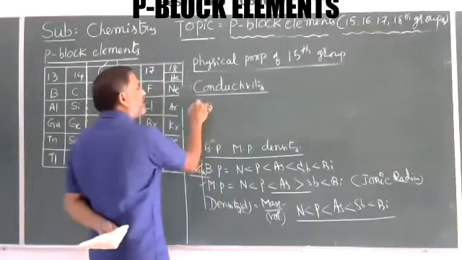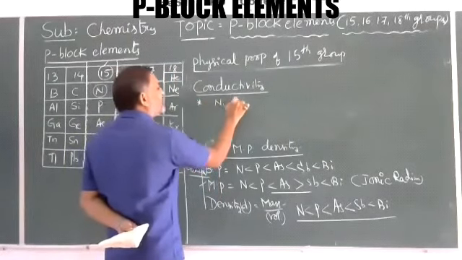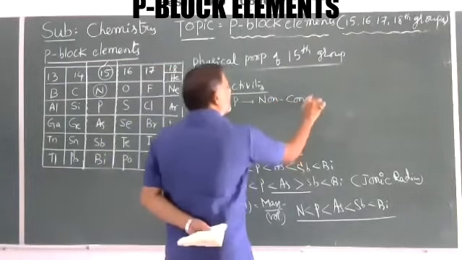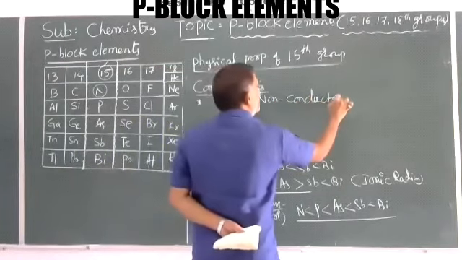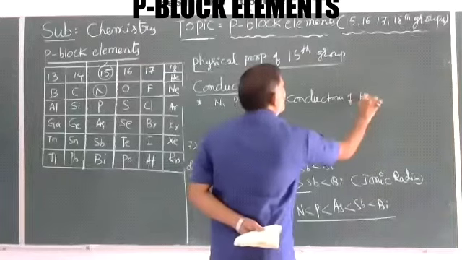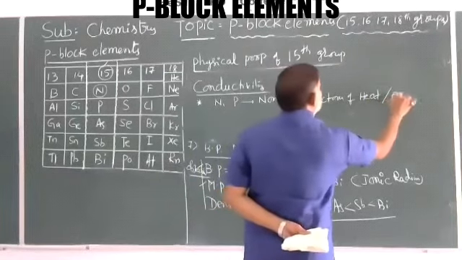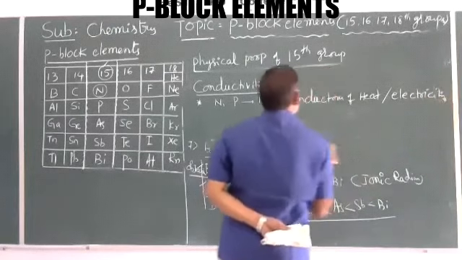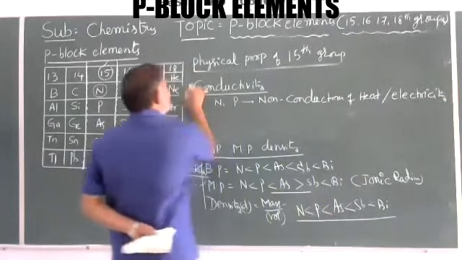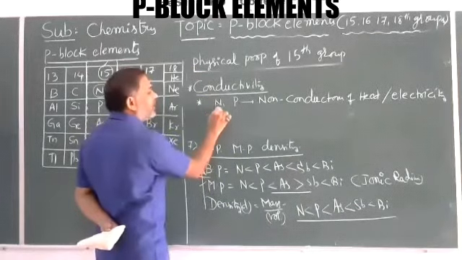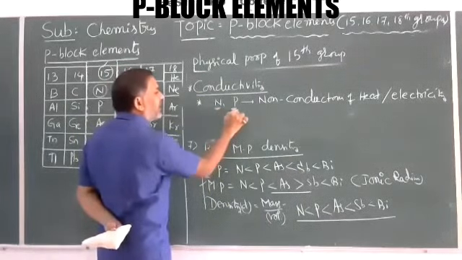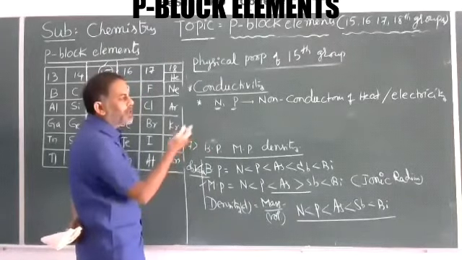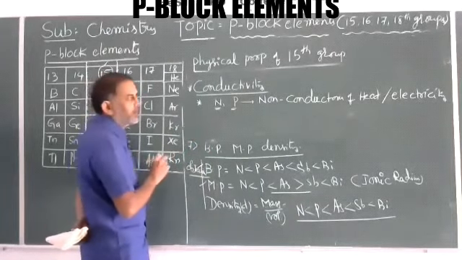Nitrogen and phosphorus are non-conductors of heat and electricity. Conductivity means the capacity of a material to conduct electricity due to the presence of free mobile electrons or free mobile ions.